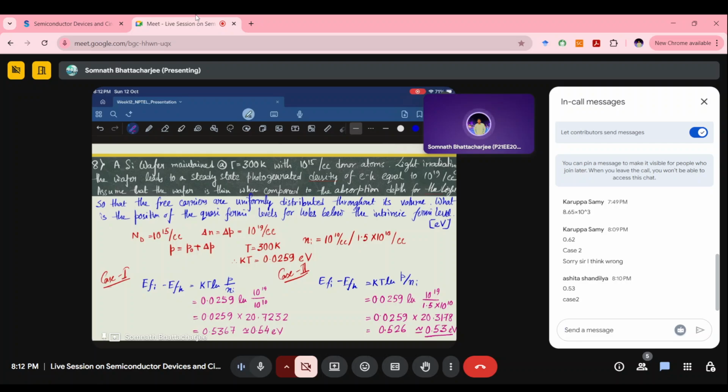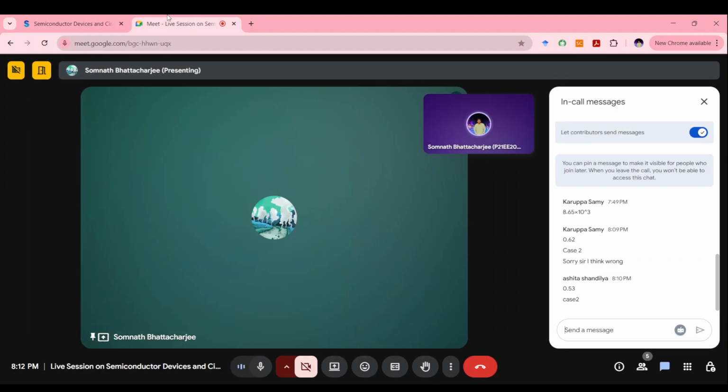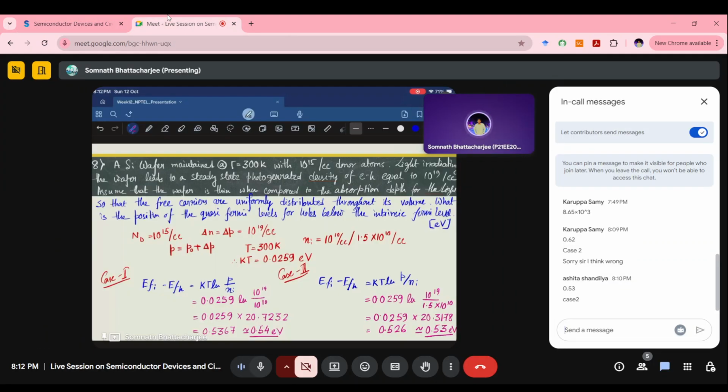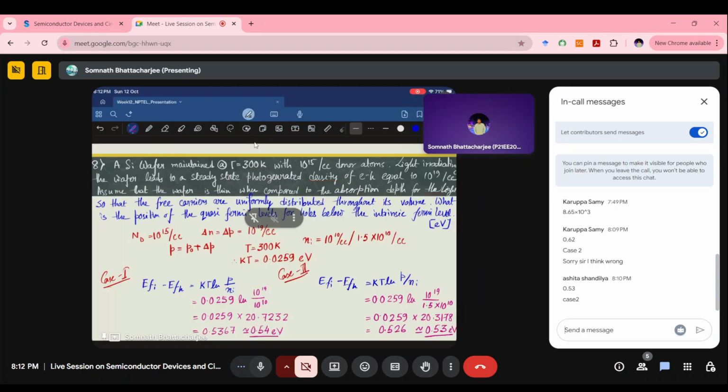So there are two possible answers as well, but as they have given 0.3 to 0.6, both the answers are correct obviously, as there is no given ni value. But I don't know why the range was 0.3 to 0.6. There might be some reason it may be coming out to be 0.3 or something. Hmm, let me think.